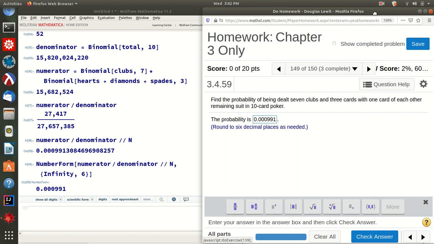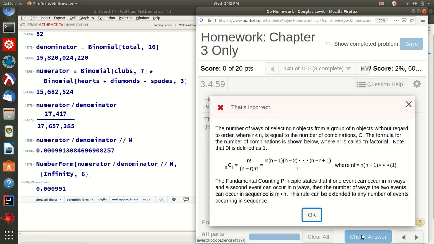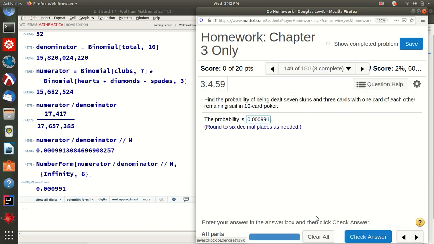Let me see if Pearson agrees with that. Check answer. Okay, Pearson does not agree with that. Hold on a second. Why doesn't Pearson agree with my answer? Whoa, I see what's going on.